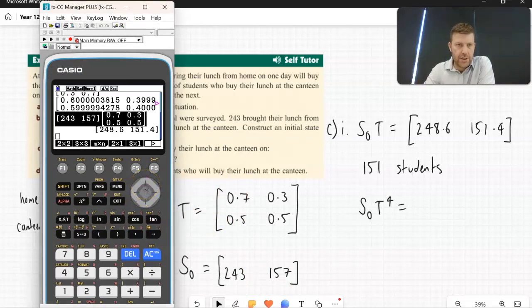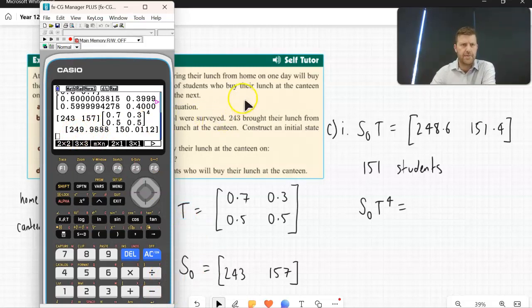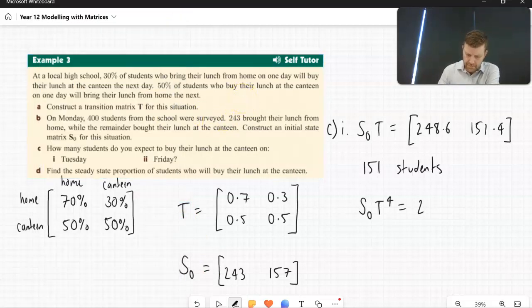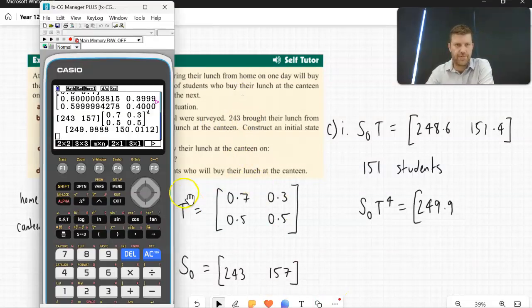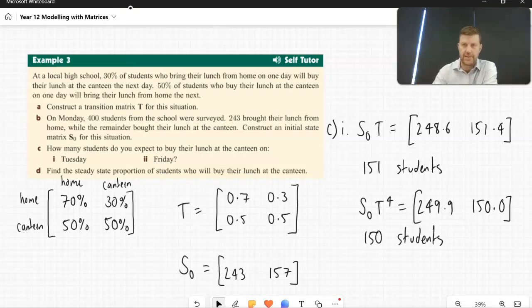Again, I'm just going to cheat here a little bit by raising this initial equation I did to the power of 4, which gives me 249.9 and 150.0, which means that on Friday I would expect 150 students to purchase their lunch from the canteen. Okay.